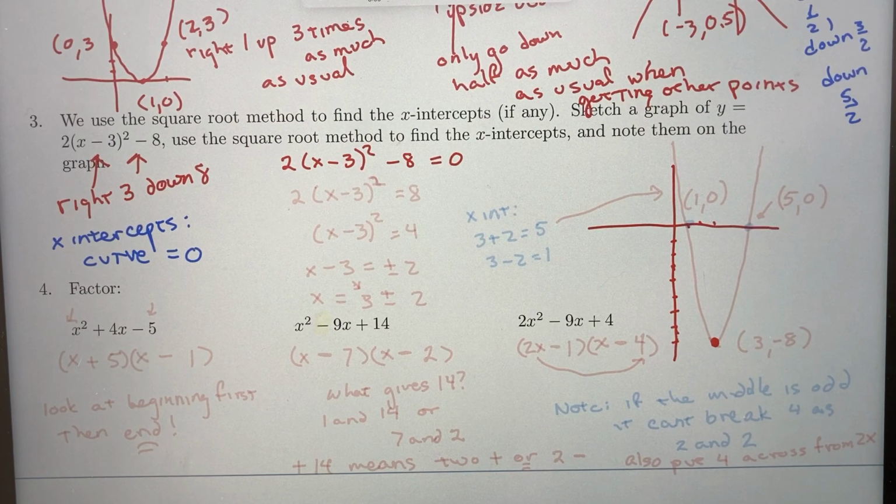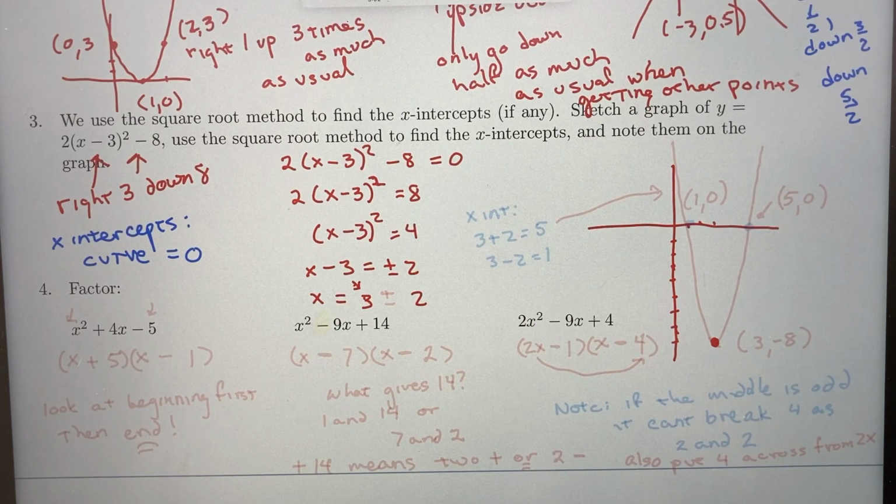X-intercepts, y is 0. So solving, we get x minus 3 squared is 4. X minus 3 is plus or minus 2. Don't forget to switch the sign when you move it.